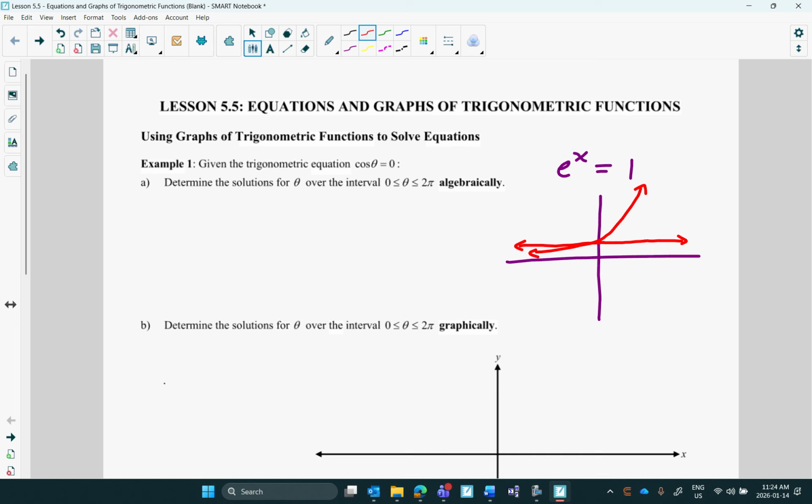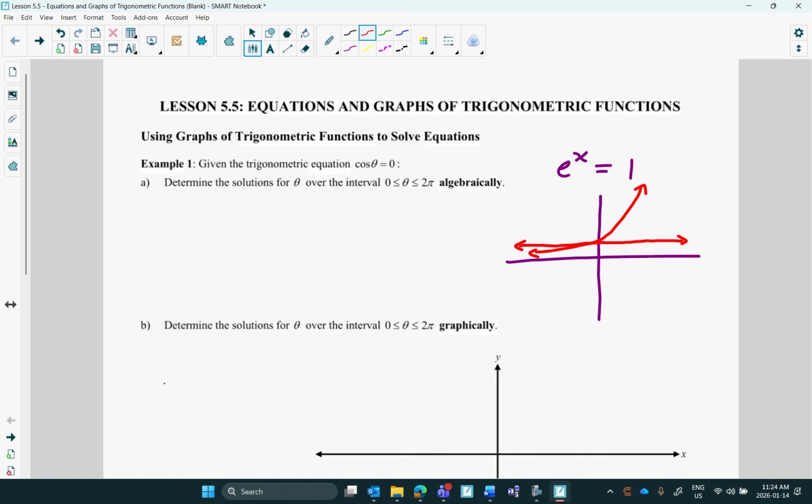Where do you find the solution on the graph? I just finished telling you.